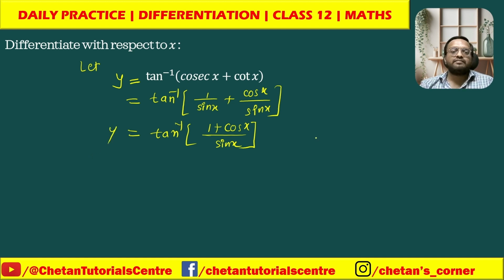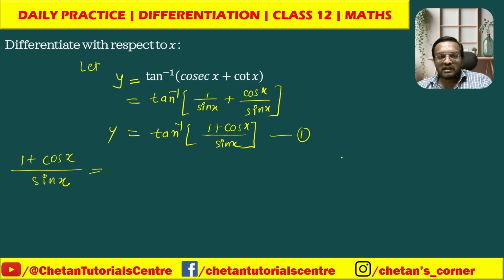So what I will do, I will mark this as equation 1 and I will note down this 1 plus cos x upon sin x. Then I will use the formula 1 plus cos 2 theta is equal to 2 cos square theta, and to expand this sin x I will use the formula sin 2 theta is equal to 2 sin theta into cos theta.